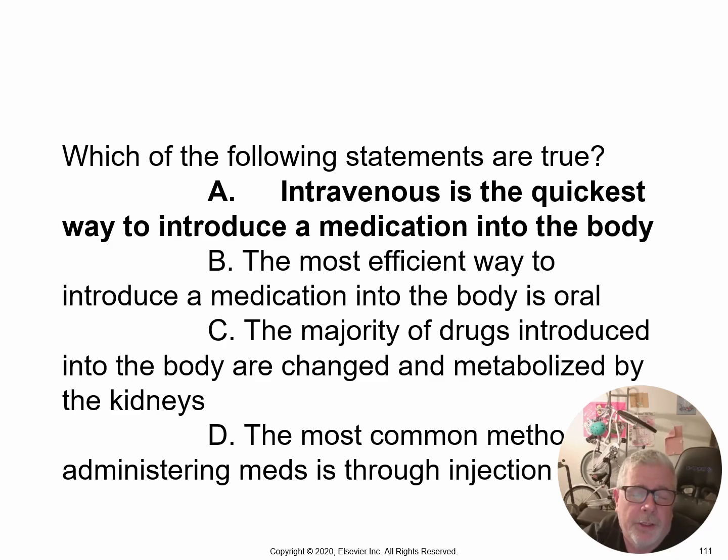You inject the medication. It's beyond the scope of the practice of the medical assistant, but by injecting the medication into the bloodstream, it's going to go directly to that target tissue. Taking the medication by mouth or orally, it has to go to the digestive system. It has to go through first pass metabolism. An intramuscular injection is pretty fast as well, but it still has to diffuse through the muscle tissue before it gets into the bloodstream, and that can take a little bit of time.